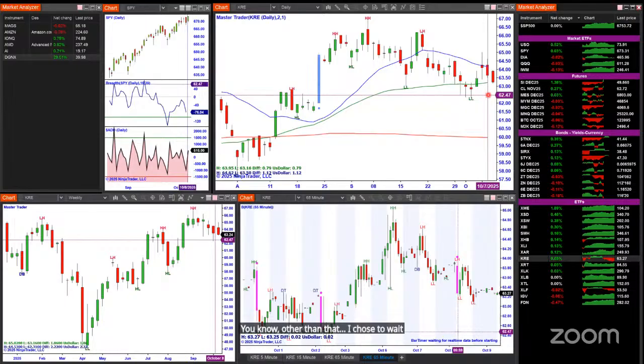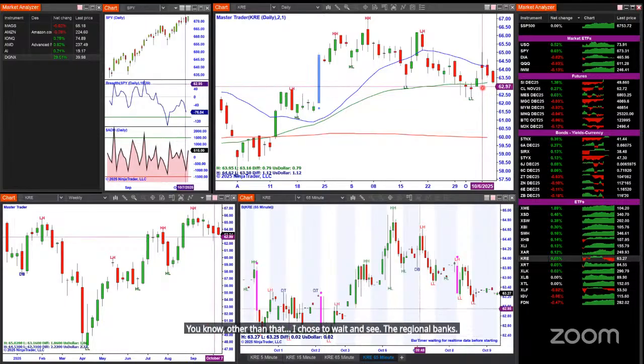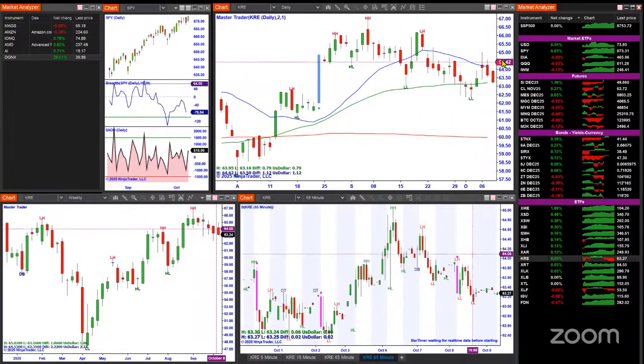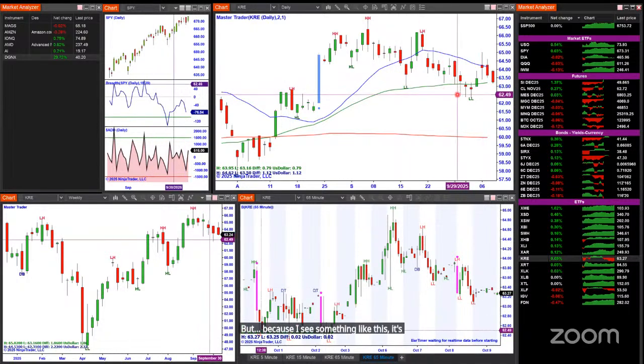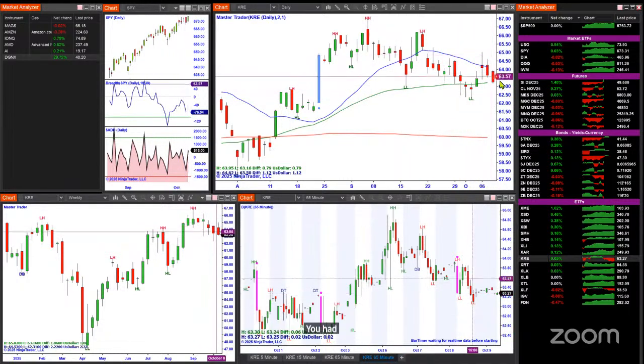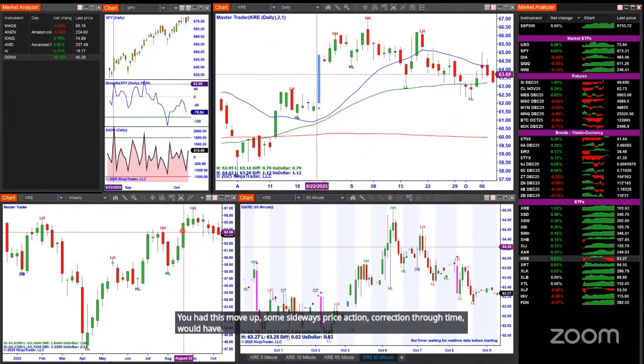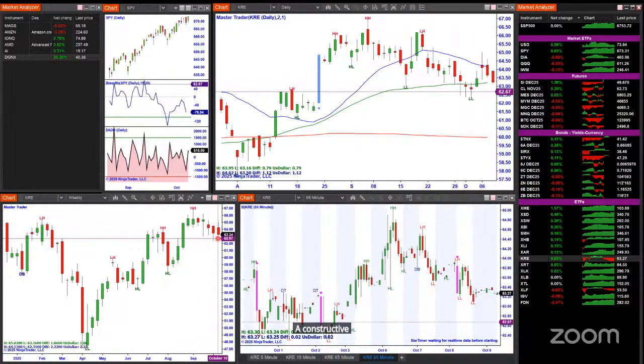The regional banks move up maybe. You can hear my tonality, but because I see something like this, it's like, okay, you pulled back enough, you had this move up, some sideways price action, correction through time with a constructive weekly chart, maybe it could start to make the turn here.